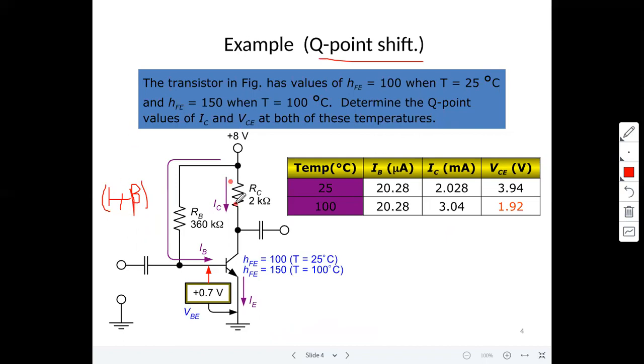Now we have an example problem, the same as the previous example, but consider the HFE value 100 at 25 degrees centigrade and HFE equal to 150 at 100 degrees centigrade. Now what are the changes here? Observe here, at 25 degrees these are the values. At 100 degrees, as temperature increases, VCE decreases.